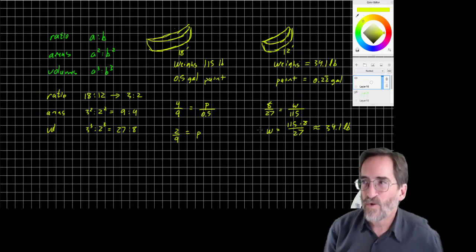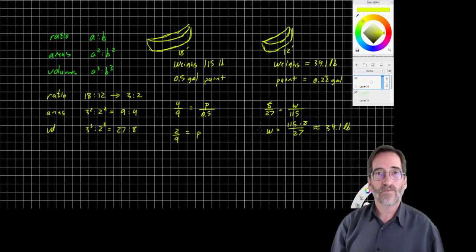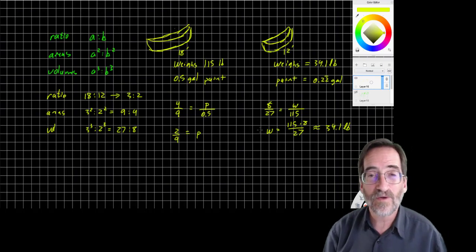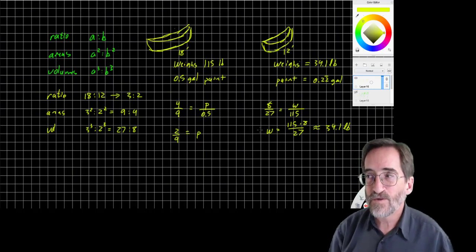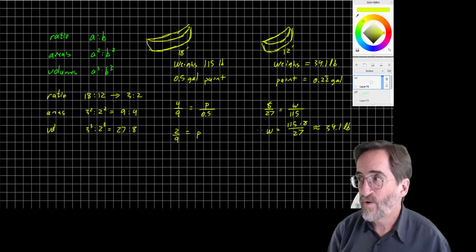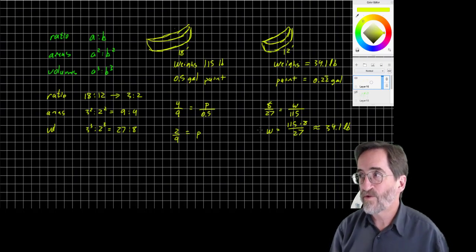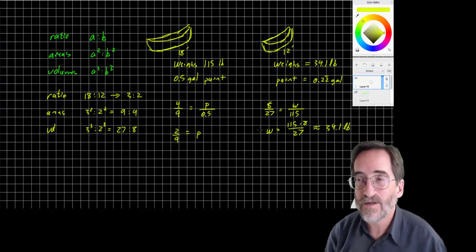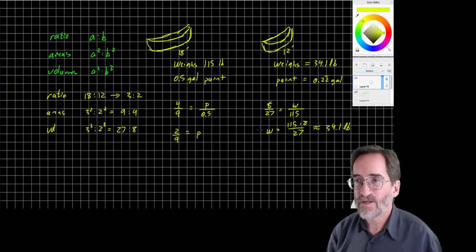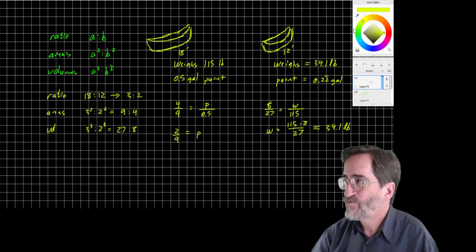So we found the ratio of lengths was only 2/3, but it's not 2/3 the weight. It is about one fourth the weight, right about there. 34.1 pounds.